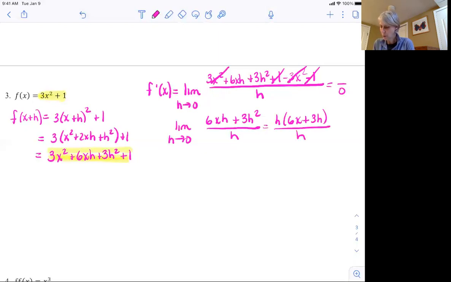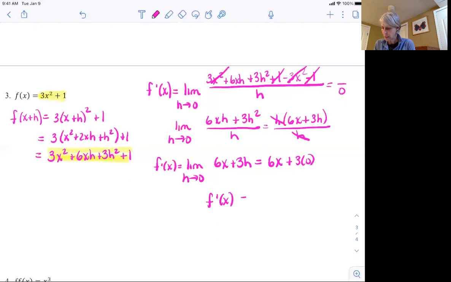Oh, I could have factored out more. Sorry. That's okay. The h is what's important. The h is what you want to cancel. So f prime of x is equal to the limit as h approaches 0 of 6x plus 3h. When you evaluate that, remember, you're substituting 0 for h. So the derivative is 6x.